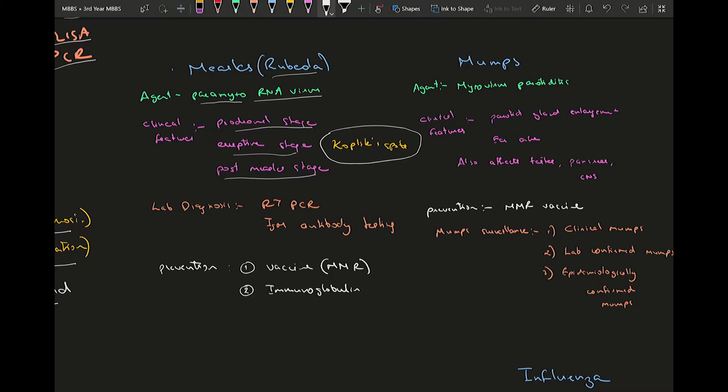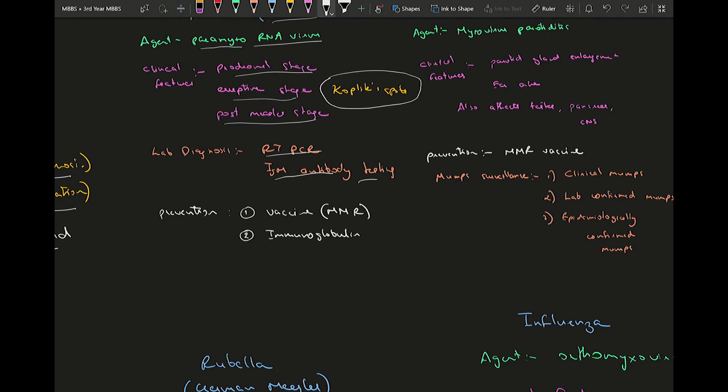These Koplik spots are basically white lesions with blue tinges in the center. That is the characteristic feature, and when we say Koplik spots, everyone knows it's measles. For the lab diagnosis, since it's a negative sense RNA virus, you do reverse transcriptase PCR, and then you can do IgM antibody testing.